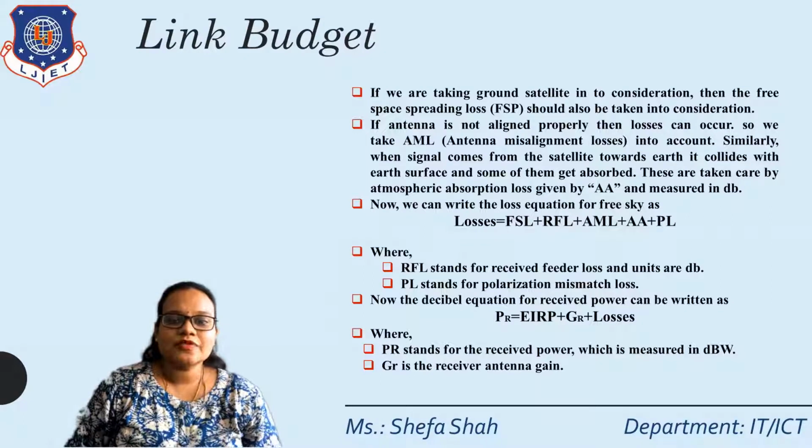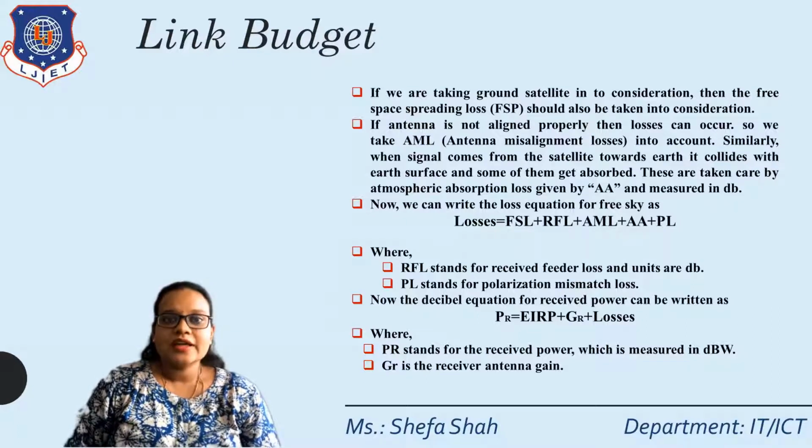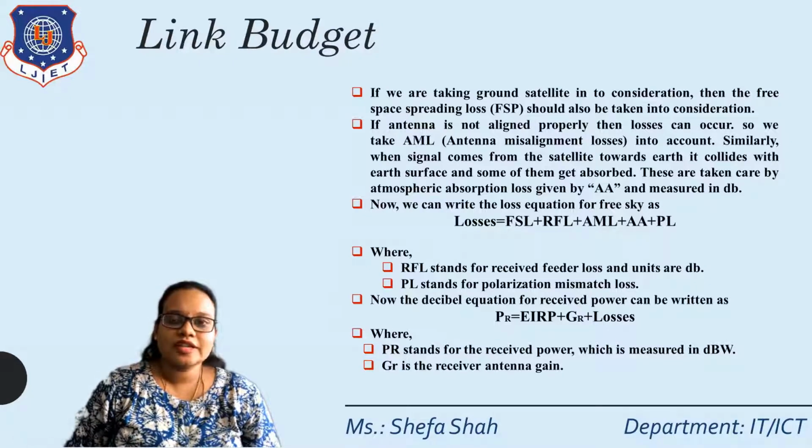Similarly, the second type of loss is the antenna misalignment loss, where the two antennas, that is the satellite transmitter as well as receiver, do not point towards each other. At that particular time, antenna misalignment loss, which is denoted by AML, can occur, right? And again, whenever they are transmitting signals in free space, losses due to the atmosphere also occur, which is denoted by A.